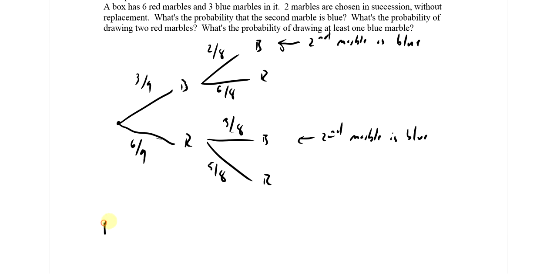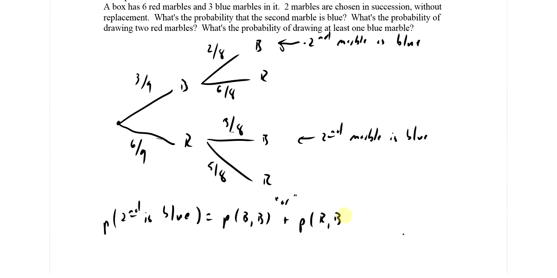So what's the probability the second is blue? Well, that's the probability of blue and then blue plus, because it's either this one or that one, and whenever we have an or, that's the addition principle, the probability of red and then blue.